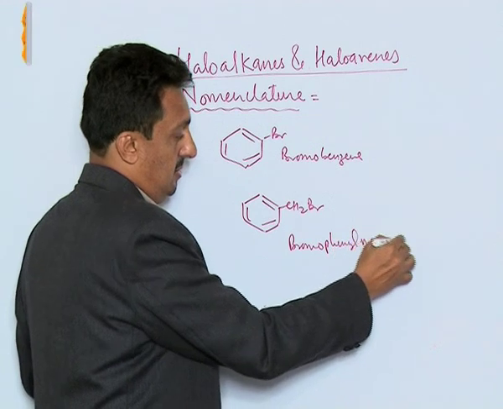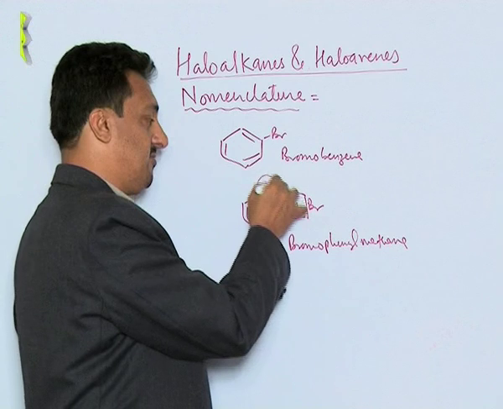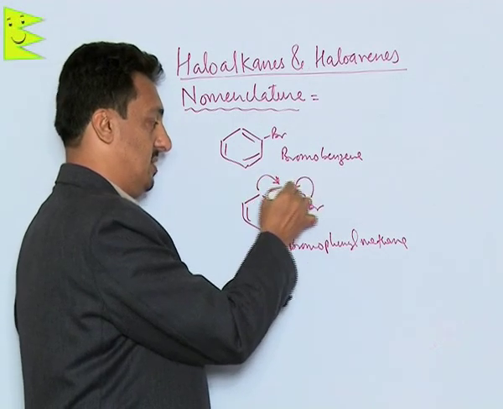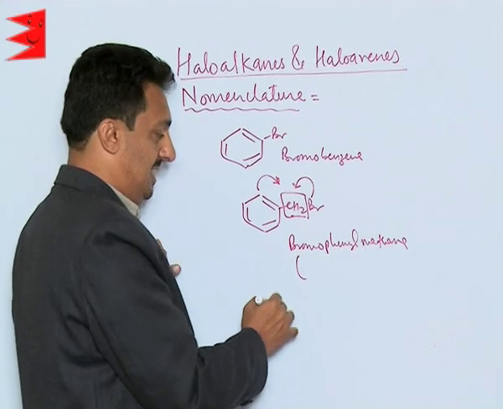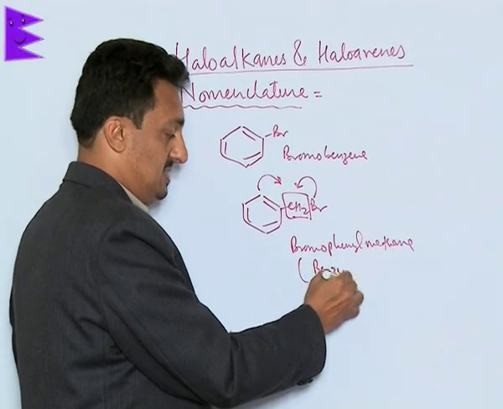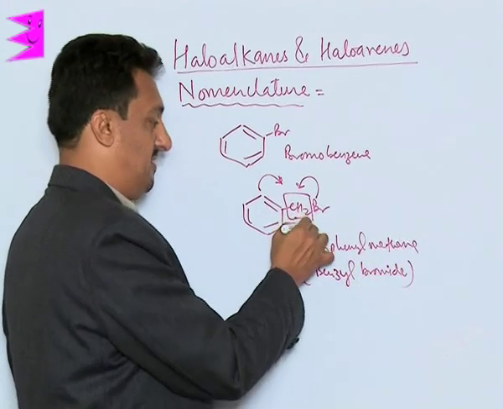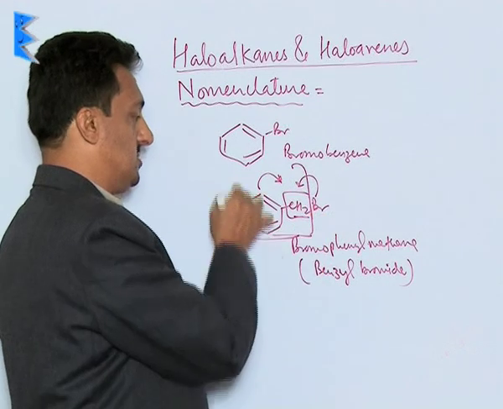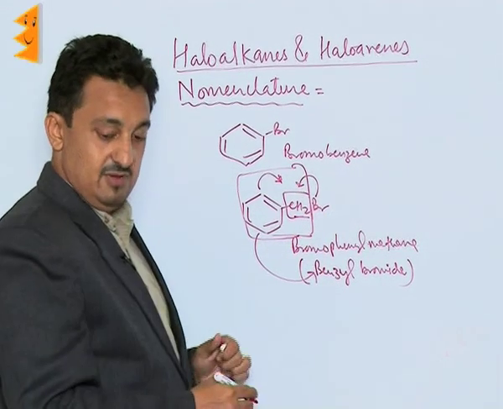Bromophenylmethane, because that's the major carbon chain, and these two are taken as substituents on it. Whereas in common nomenclature, as we have discussed in the classification, we call this benzyl bromide, because this whole group is called benzyl.